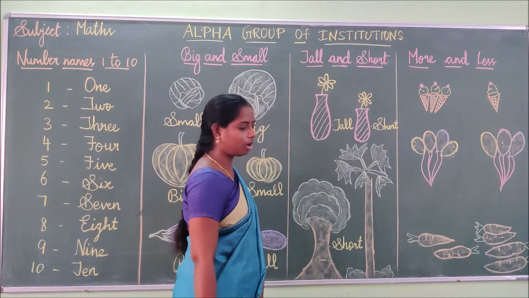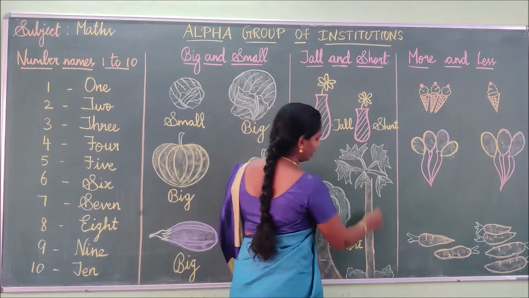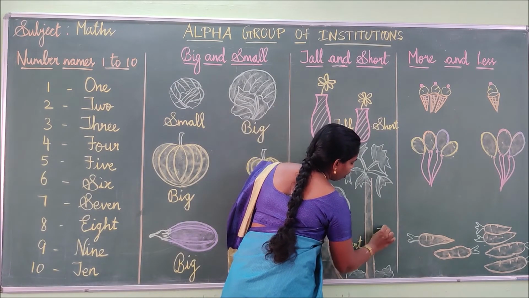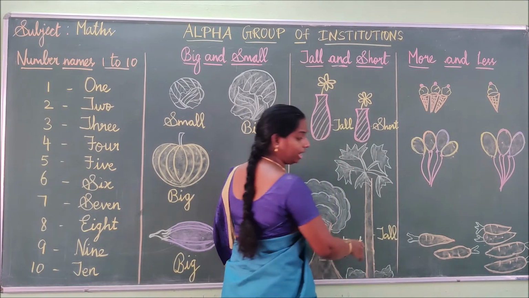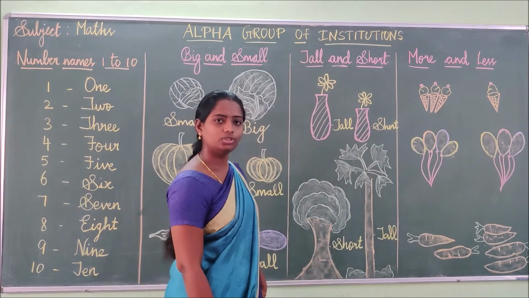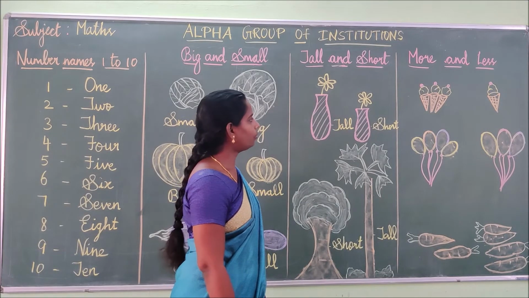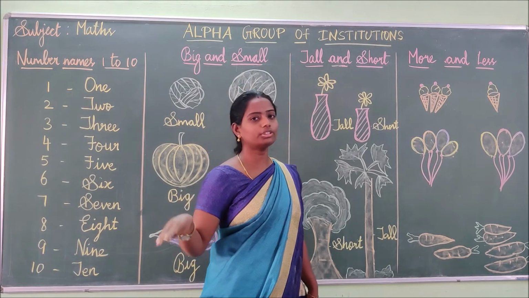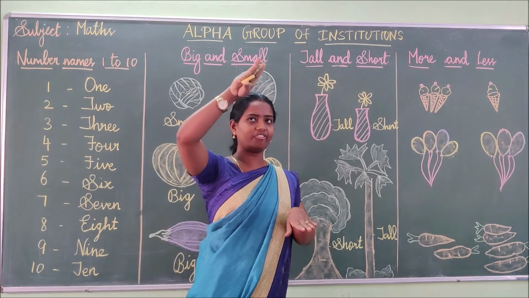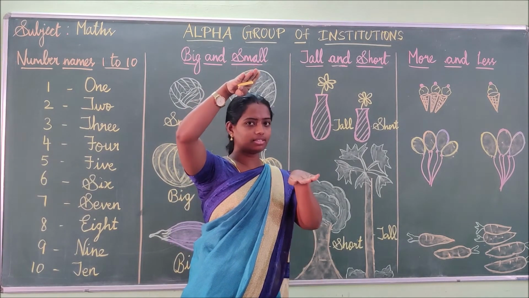And then this tree is tall. T-A-L-L, tall. Children, now you can easily identify what is tall and what is short, isn't it? You can easily identify.